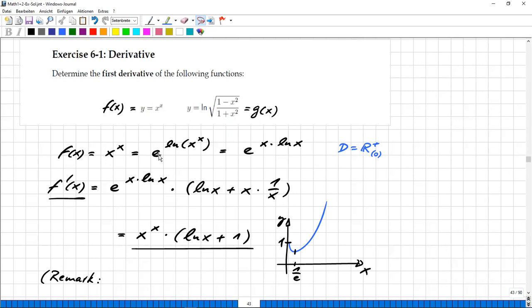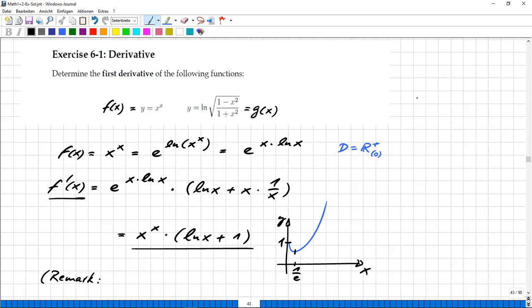If I say e to the power of ln, these are two operations which cancel each other. Applying e to the power of ln of something means that you apply the famous exponential function, but in the next step you apply its inverse function. Let's take an example.